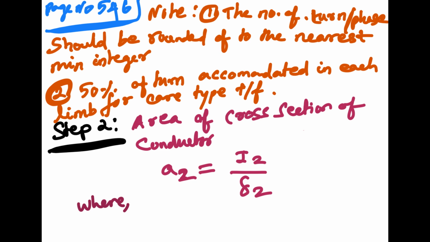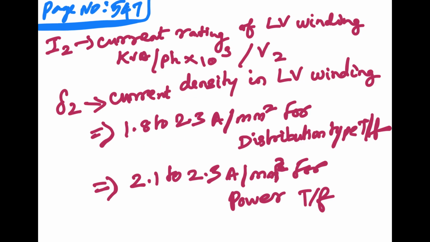Step 2: area of cross section of conductor, A2S, is equal to I2 divided by del 2, where I2 is the current rating of LV winding, kVA per phase into 10 power 3 divided by V2.